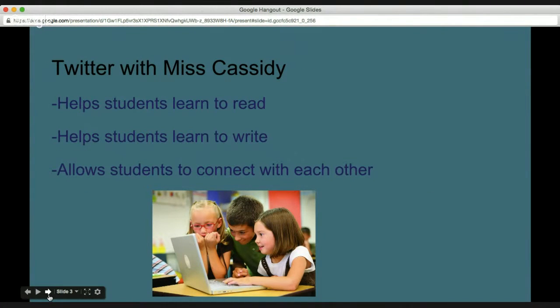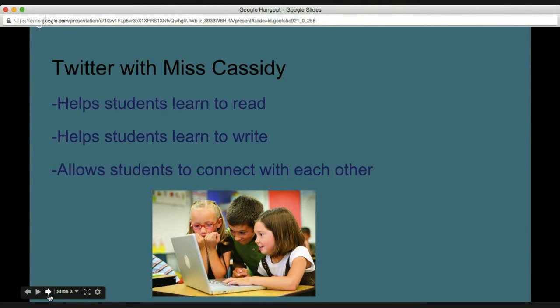Okay. One classroom that uses Twitter is Miss Cassidy's. She has a group of 6- and 7-year-olds, and they use Twitter to help the students learn to read and learn to write. I guess it's a fun, different, new way for them to do that.